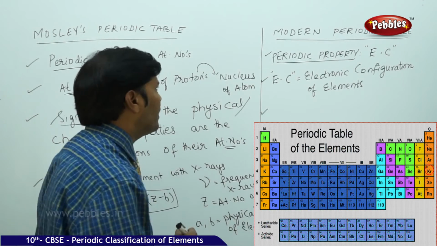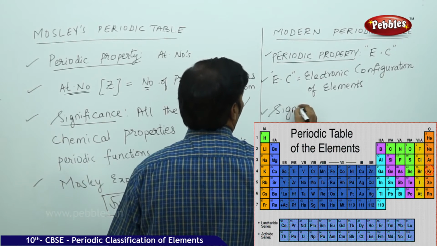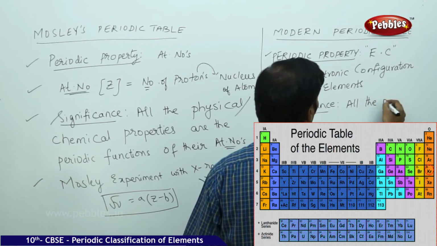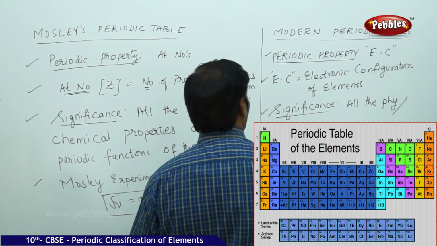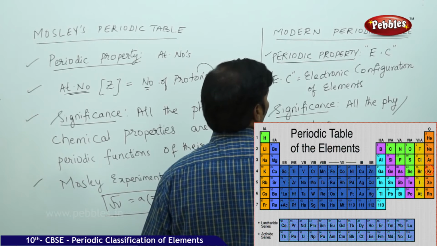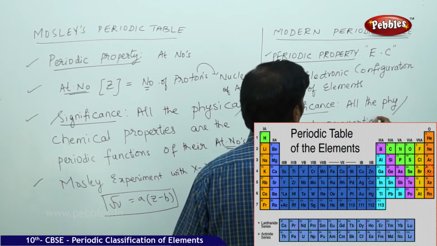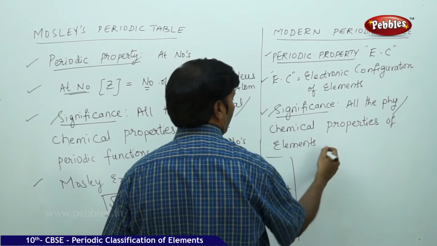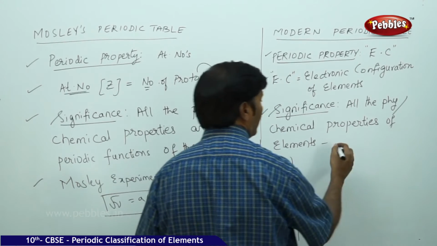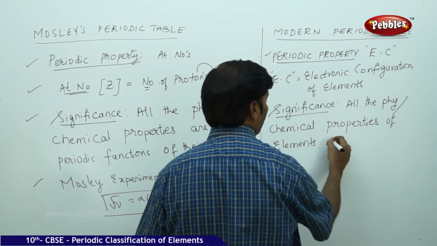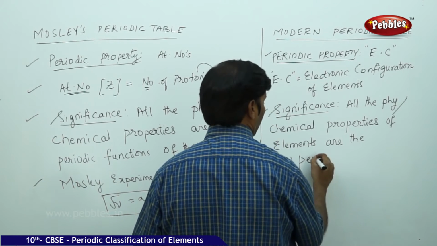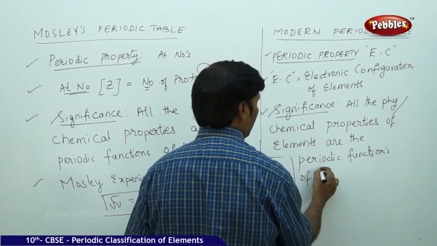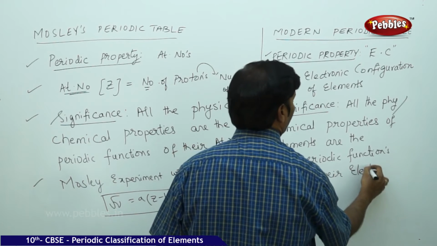Next, what is the significance? Same definition almost. Significance: all the physical and chemical properties of the elements are the periodic functions of their electronic configuration.